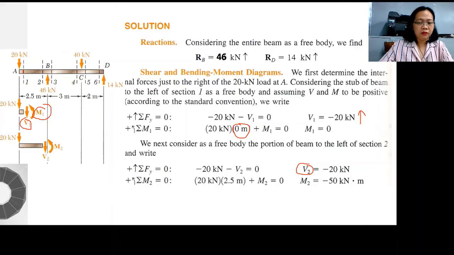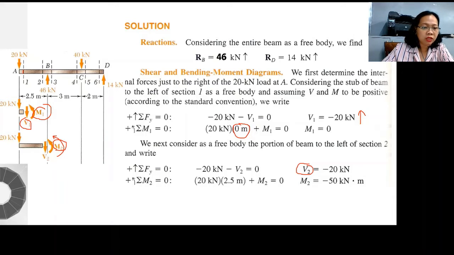But we have already a moment. Summation of all moments at just right before B here, M2, solve for M2. Our convention is that M2 is counterclockwise, and our V2 is going down. But let's see what is the correct answer. So summation of forces, general convention, going up is positive, going down is negative.